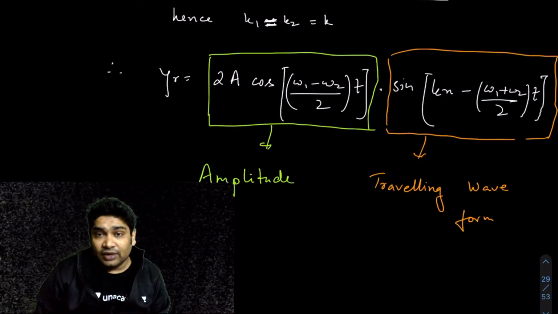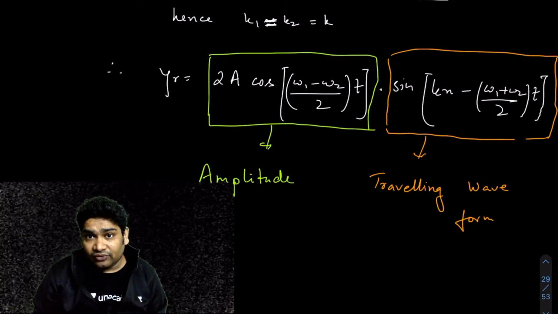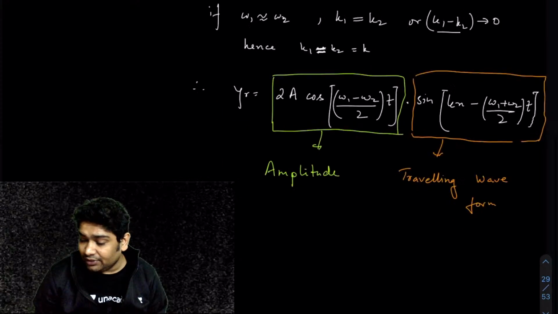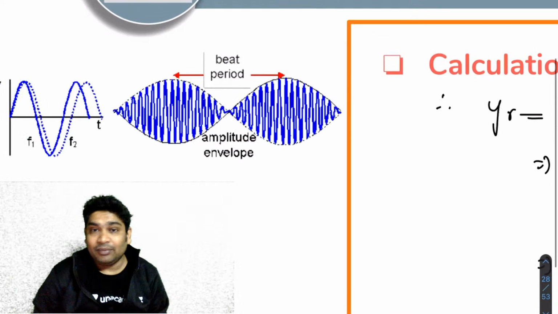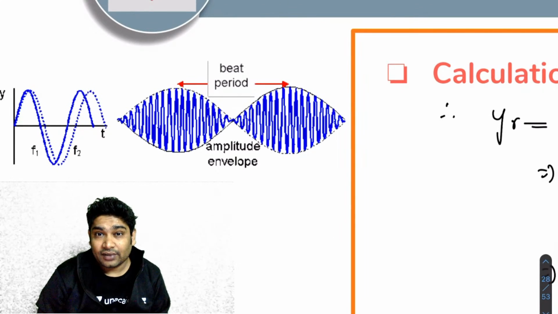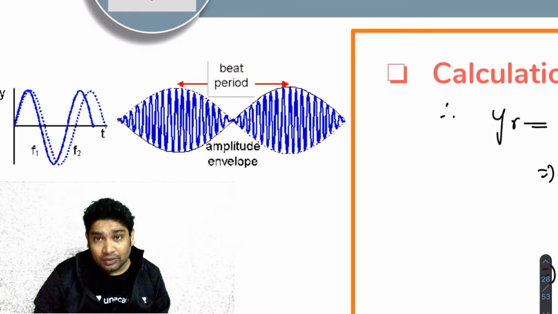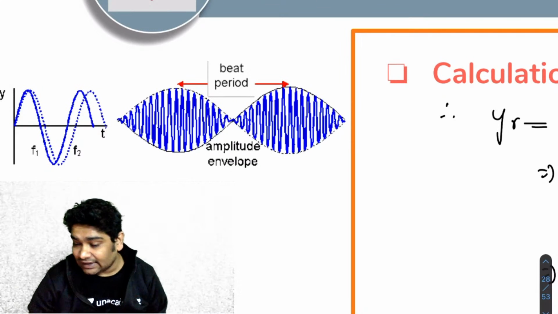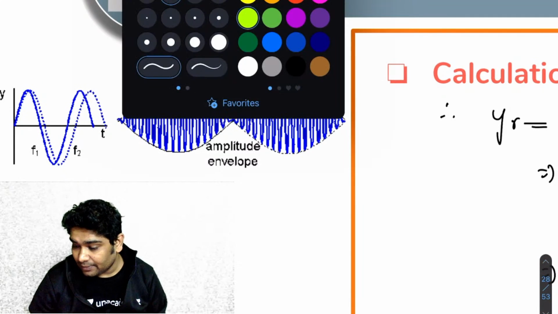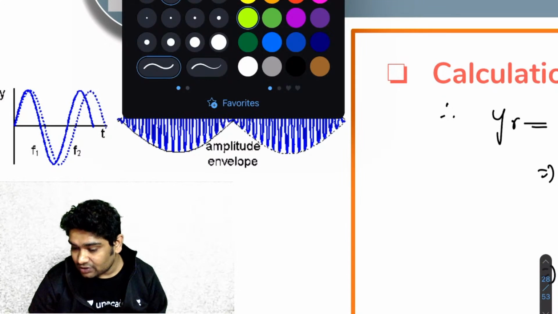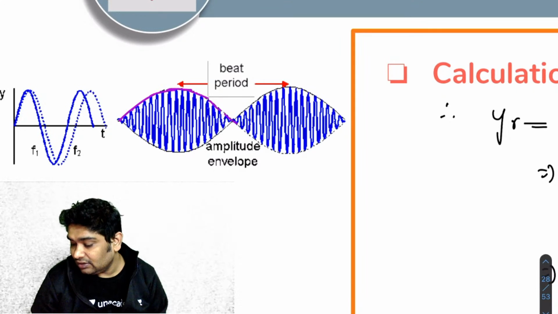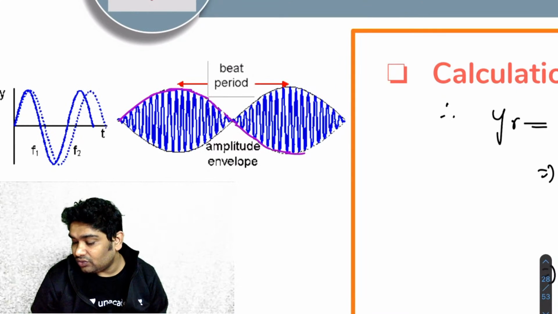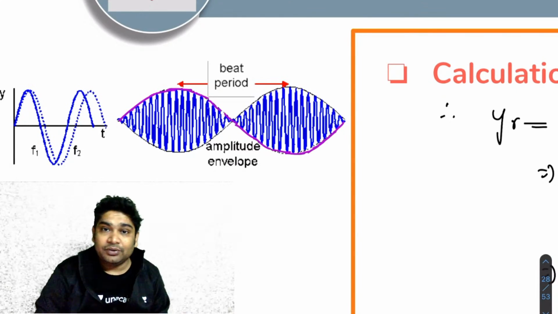So from here you realize that if you draw the graph of the amplitude, the graph of amplitude varies like this. This is the graph of amplitude. Now you realize this is one complete cycle, right? In one cycle, you see two times the amplitude varying.